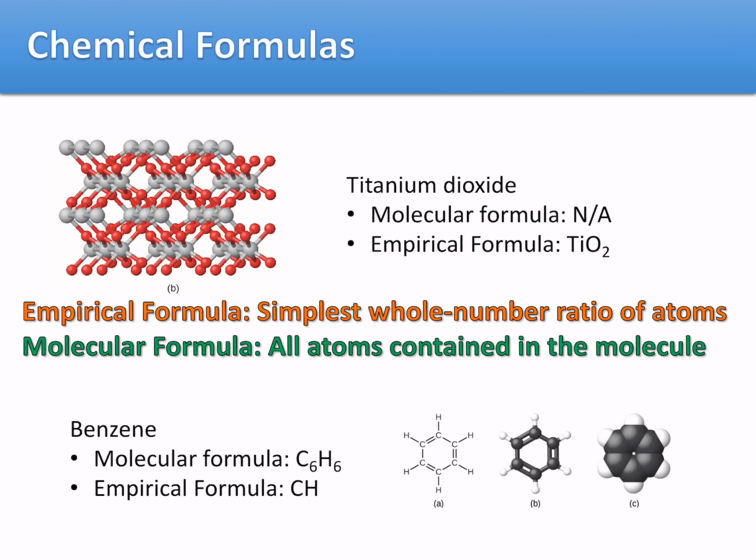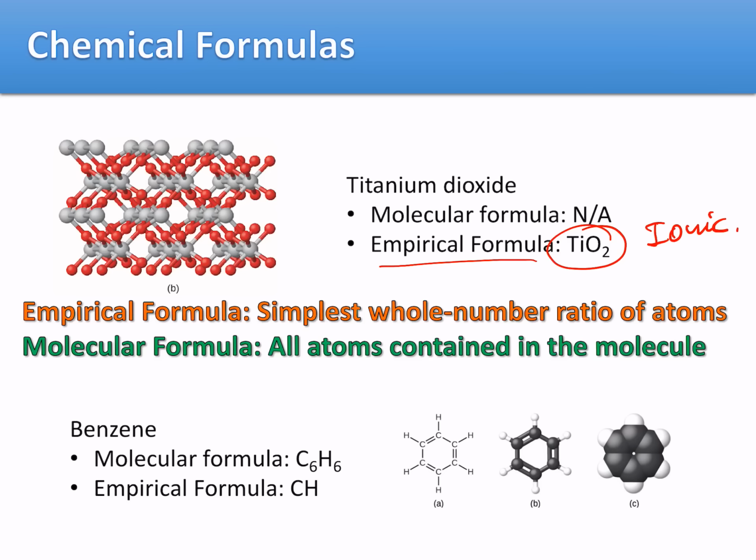We've been working a lot with those lately in terms of determining what the formula is based on common charges of elements, or giving a name to a particular formula, or writing the chemical formula based on the name of that particular compound. The one thing I want you to remember here is that for ionic compounds, we refer to that formula as empirical formula because ionic compounds actually don't exist as molecules.